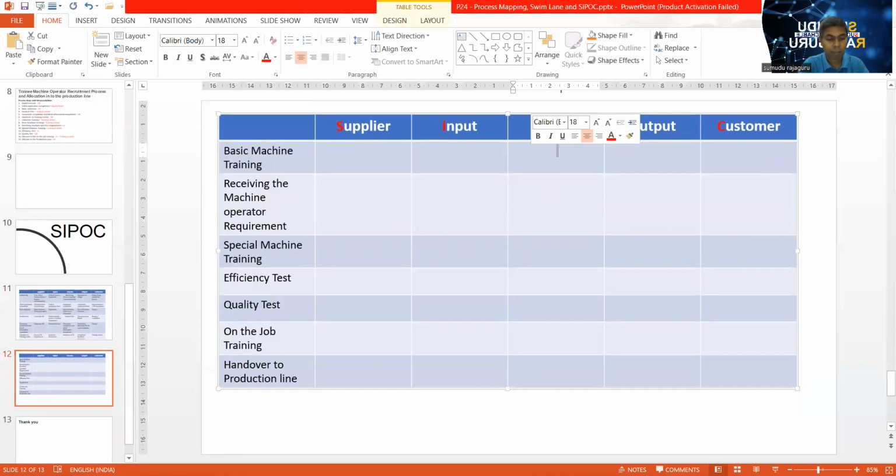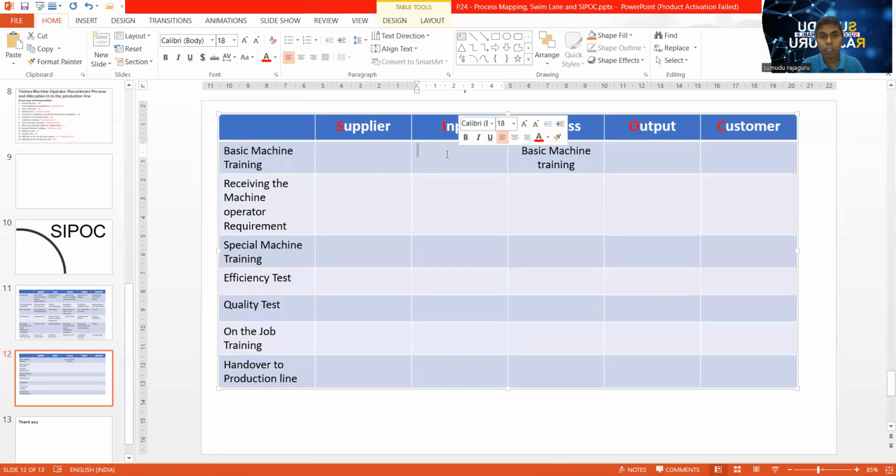Basic machine training. What is the input? The input is a standard machine training guideline or something. I just put standard machine training. Who is the supplier?